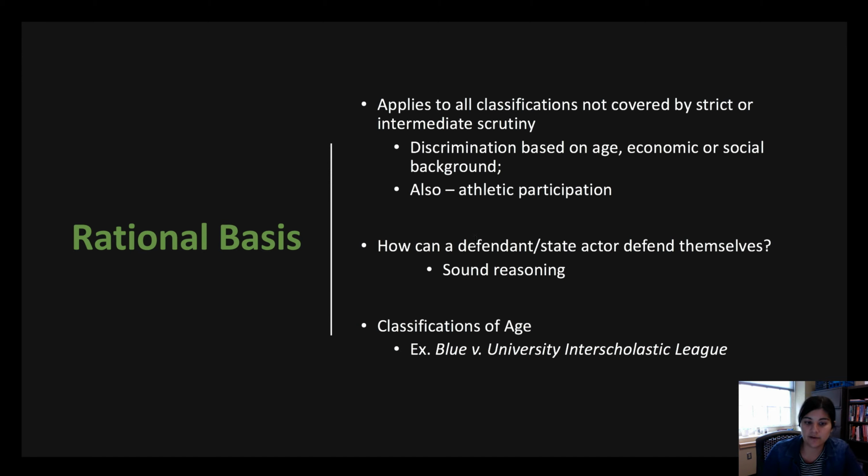So an example case from your book is Blue versus University Interscholastic League. This was the case where the court held that a high school age rule that prohibited students over the age of 19 from participating in athletic programs could be instituted and was fair, because they agreed that this was an issue of fair competition, right?